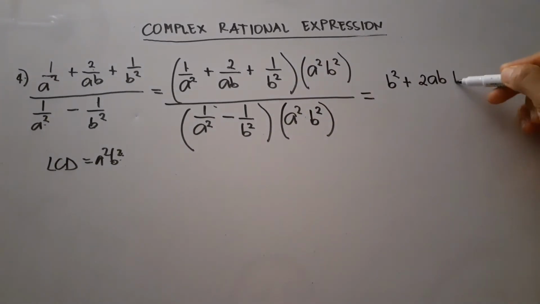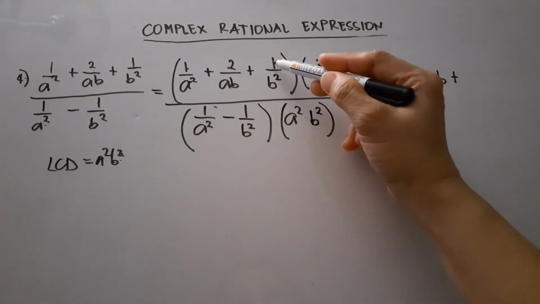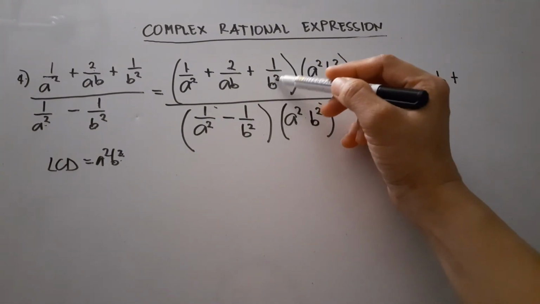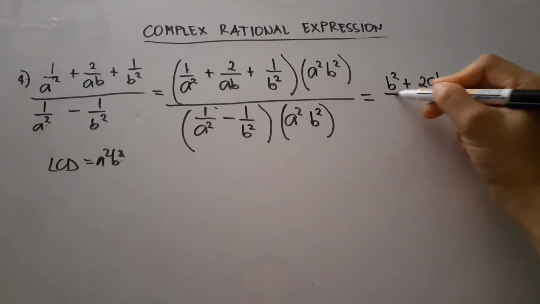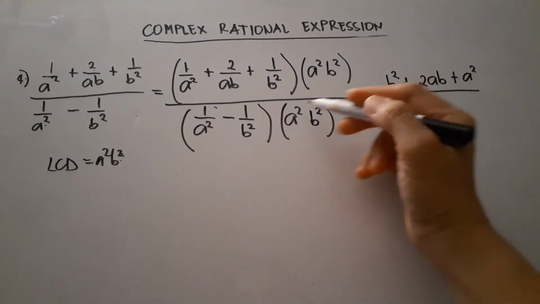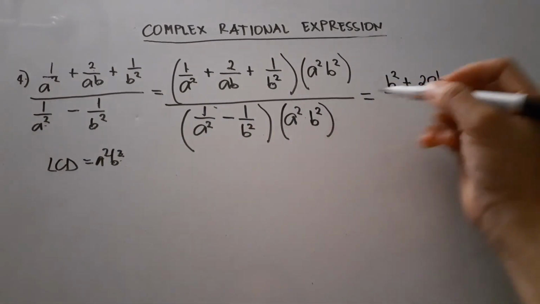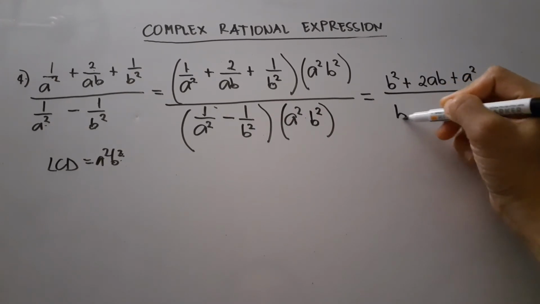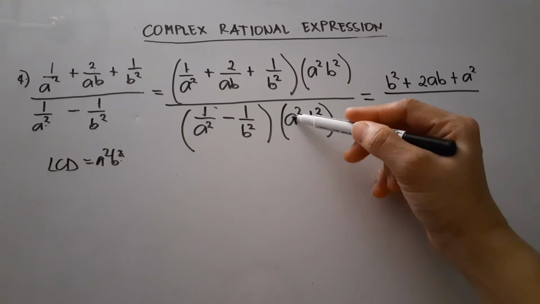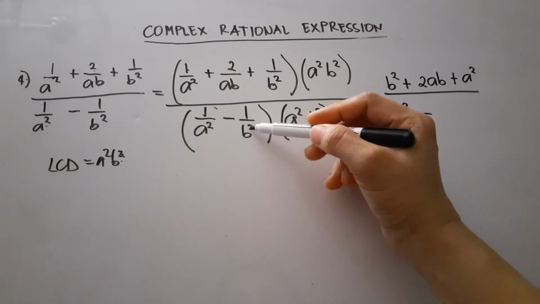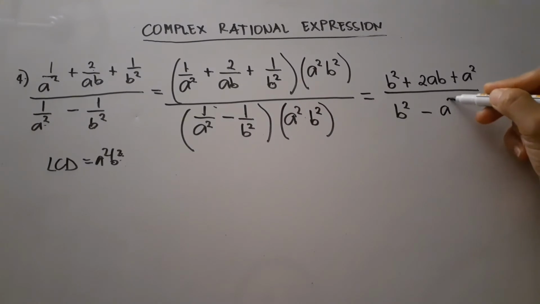And then a squared b squared multiplied by 1 becomes a squared b squared divided by b squared. The remaining is a squared. And then on the denominator we have a squared b squared multiplied by 1 divided by a squared becomes b squared. Then a squared b squared multiplied by 1 becomes a squared b squared divided by b squared. The remaining is a squared.